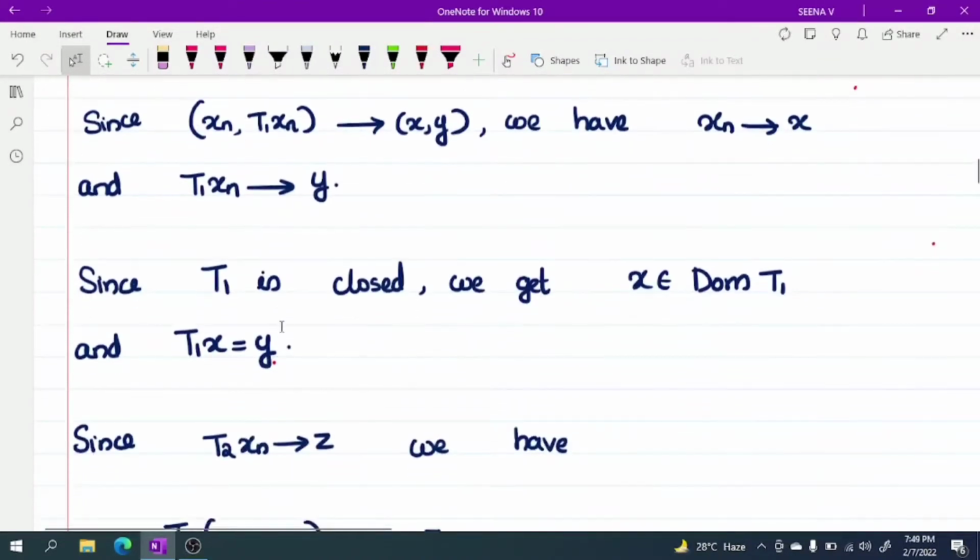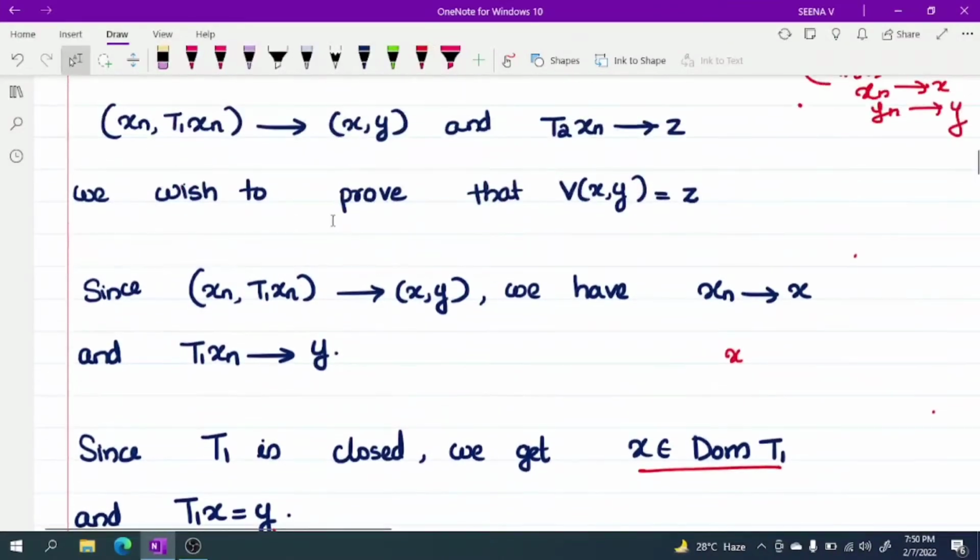Now T1 is a closed graph operator. Therefore, xn converges to x, T1xn converges to y implies x belongs to the domain of T1 and T1x is equal to y.